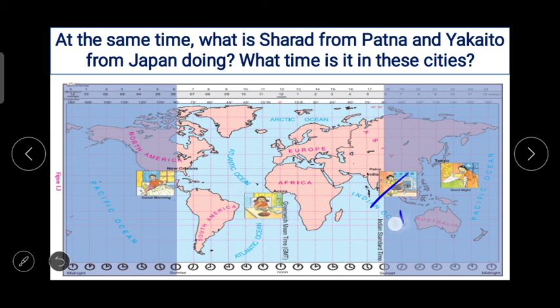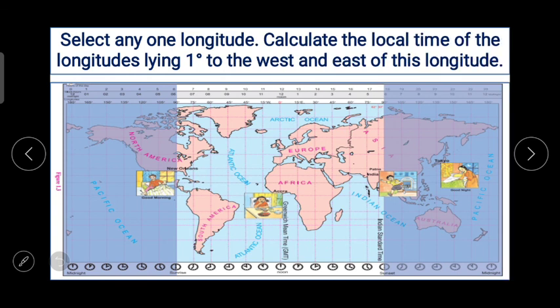Here Sharad, and here it is Tokyo. So it's 5:30 p.m., and here it's 9:20 or thereabouts. And the last question: select any one longitude, and calculate the local time of the longitudes lying 1 degree to the west and east of this longitude.